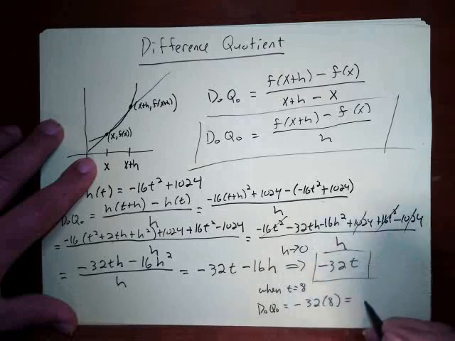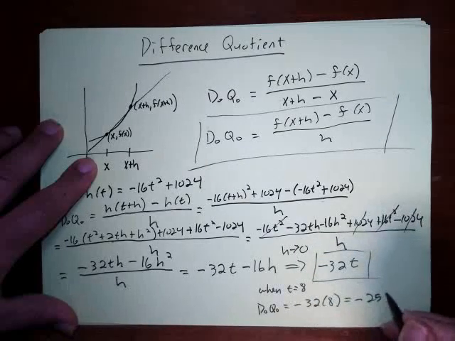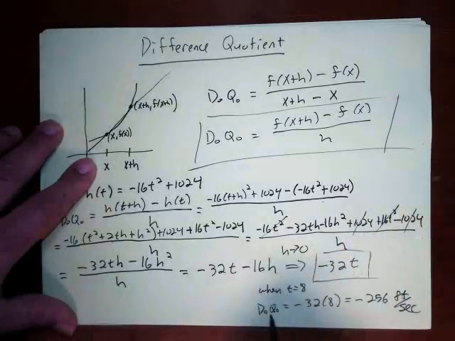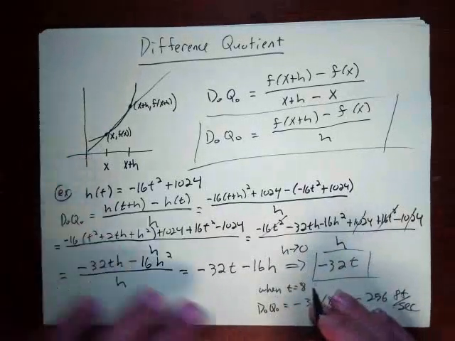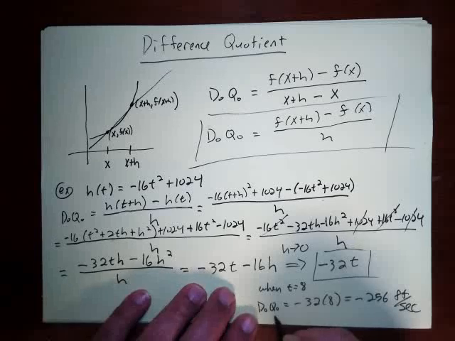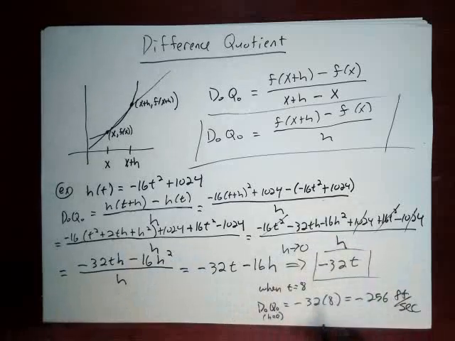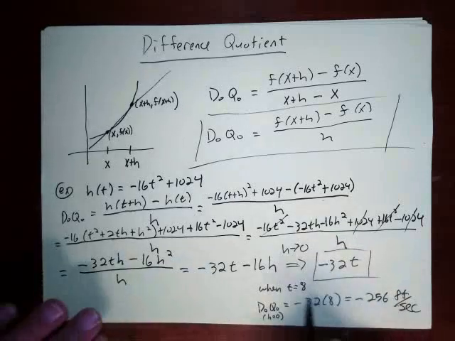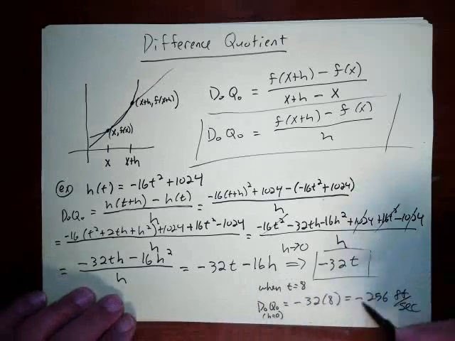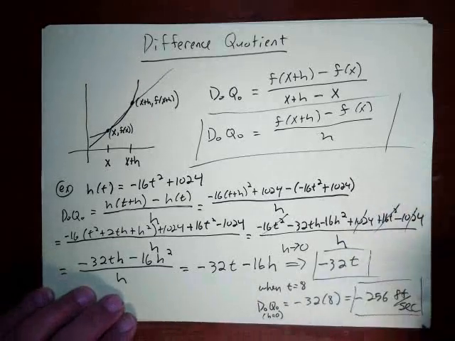And we calculate that, we get negative 256 feet per second. Okay, and this isn't just any difference quotient. This is a difference quotient when we could put here when h is equal to 0. Okay? And the idea here is this is the instantaneous rate of change.